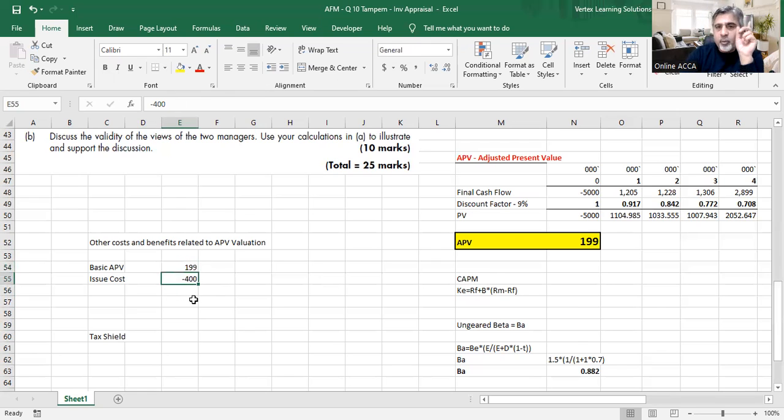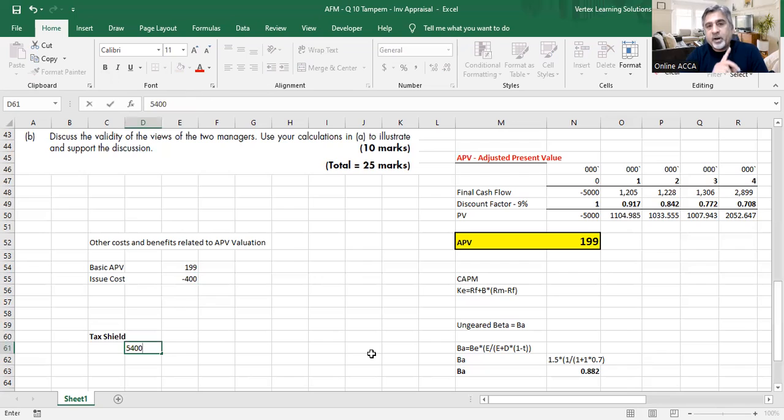And then you say, no, wait a minute, because when I issue debt, I will get my tax shield. So how much is the total investment required? 5.4 million. I am going to issue 50% of that as debt, which makes 2.7 million. On 2.7 million, what is the cost of debt? Cost of debt is 8%.